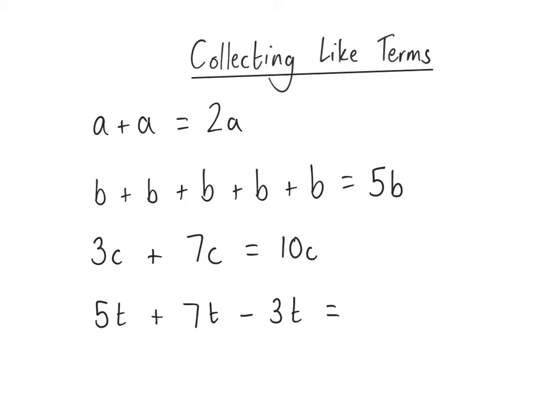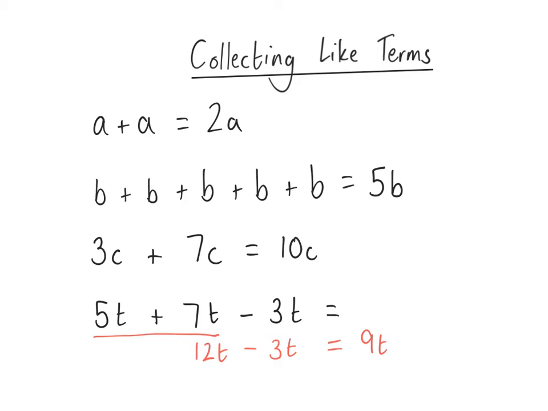Well, if we look at this bit first, 5t add 7t would be 12t, and we still have this subtract 3t, so we have 12t subtract 3t, which is 9t. So we can still do the sum just the same way as we do if we had 5 add 7 take 3.